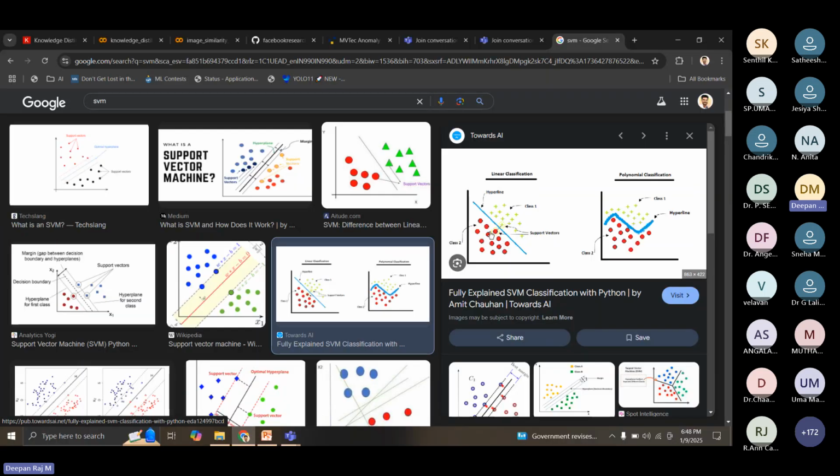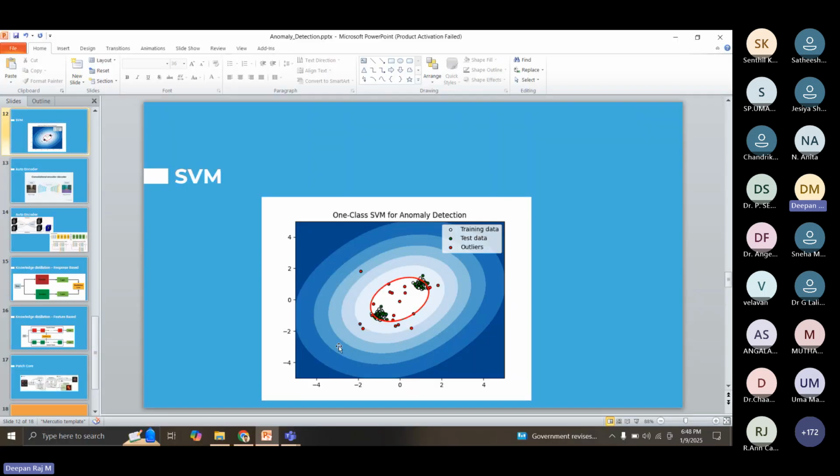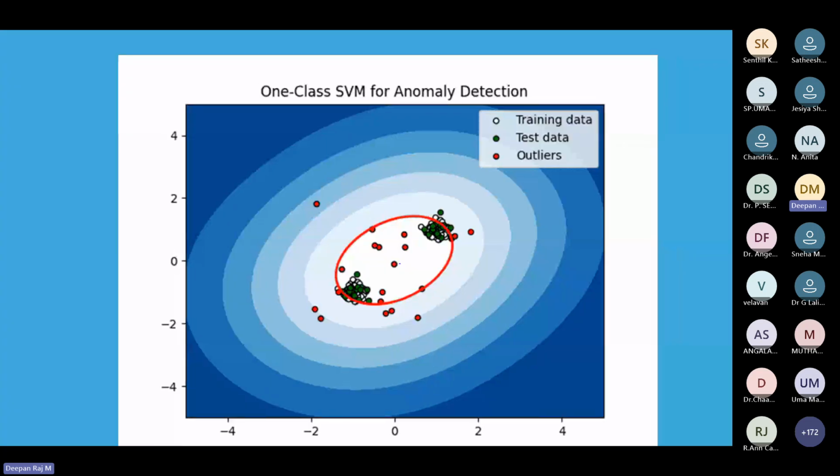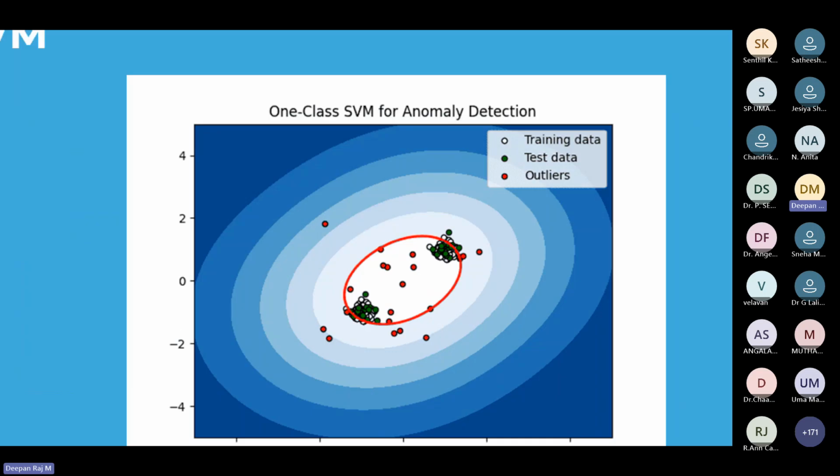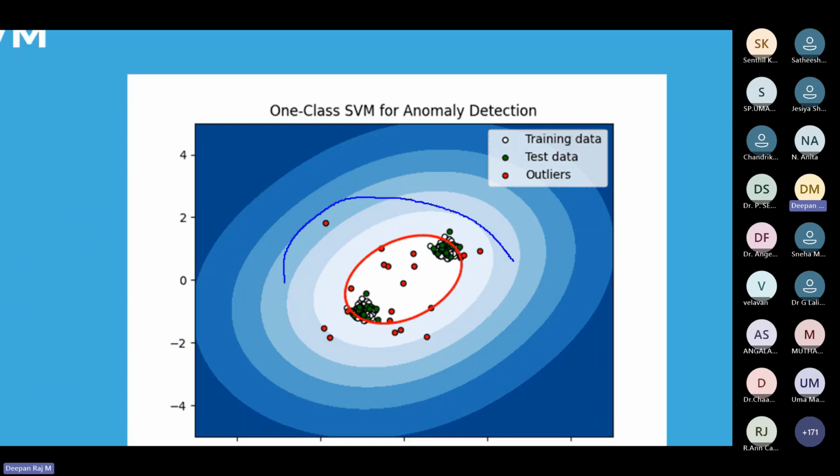But instead, what if I keep only the nominal samples? What if I keep only the nominal samples and try to draw a boundary that encapsulates the entire sample process? Let's say this is the entire data sample, and I try to encapsulate the entire region using a hyperline that says that whatever data is inside this particular region of interest is termed to be class 1.